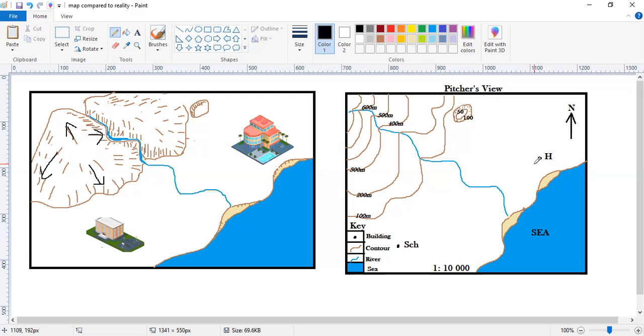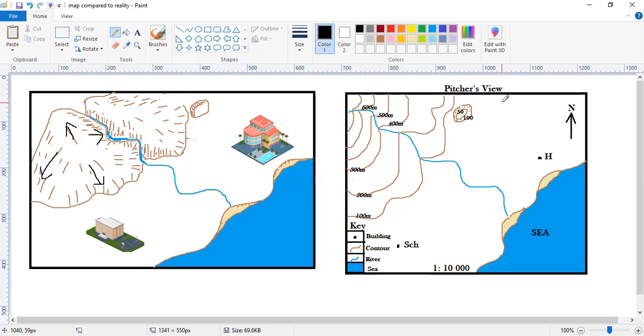Now, just in case we don't know all of the symbols, another important element on a map is the key. The key is also called the legend. What the key does is that it gives the meanings of the symbols that are being shown on the map. All right. Other elements of a good map would be a title.